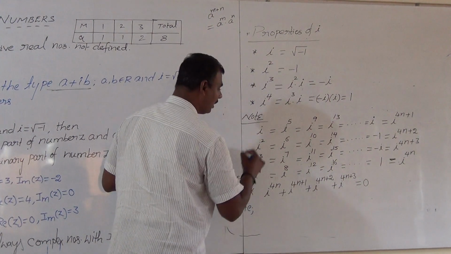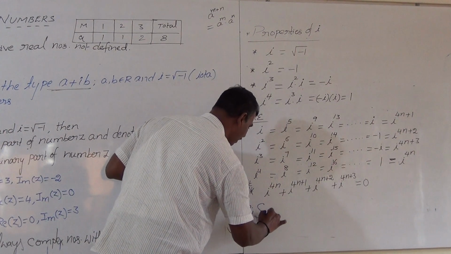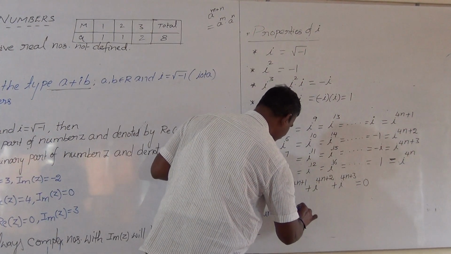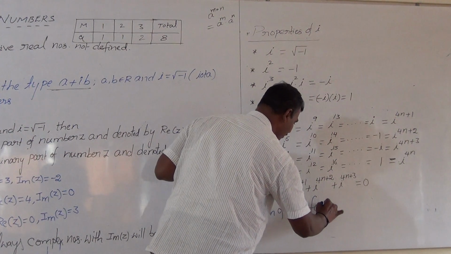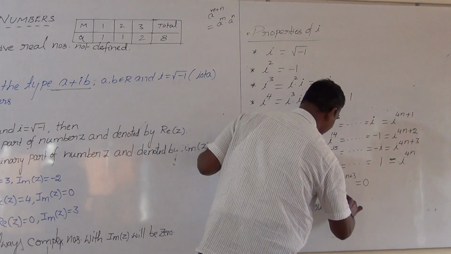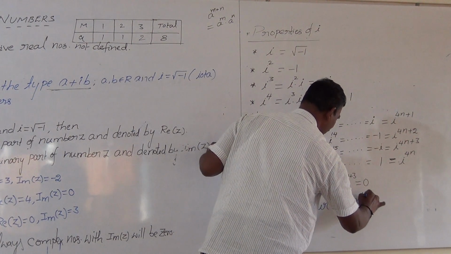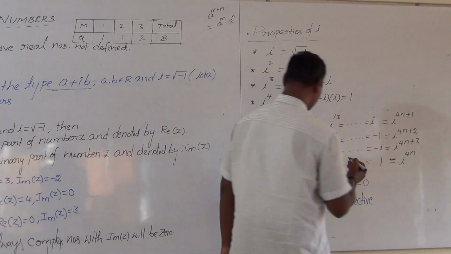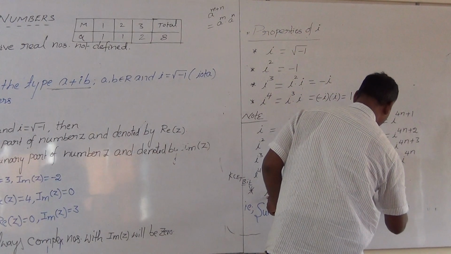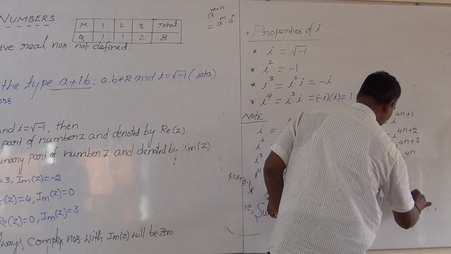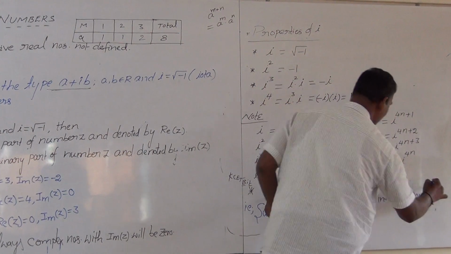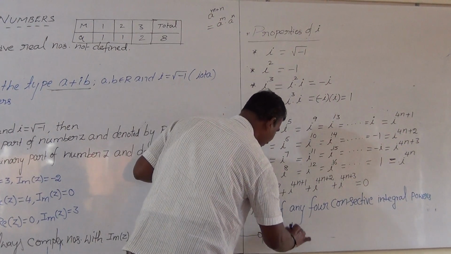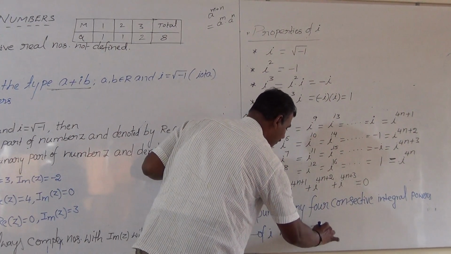So in long form: the sum of any four consecutive, meaning respective, integral powers of iota will be 0.